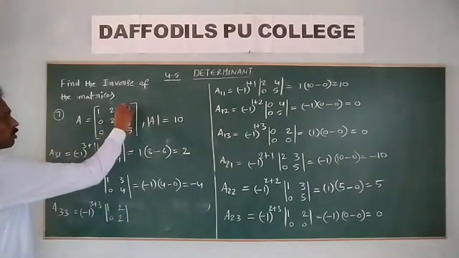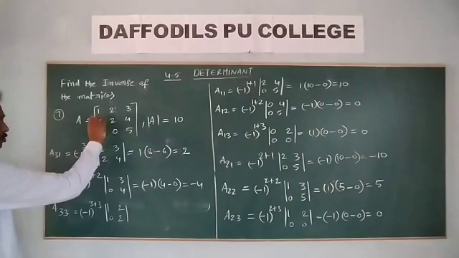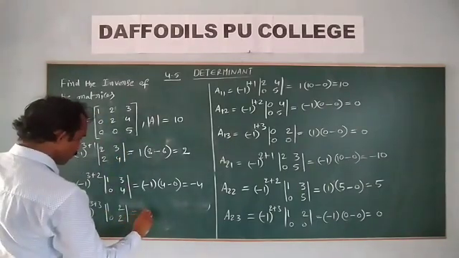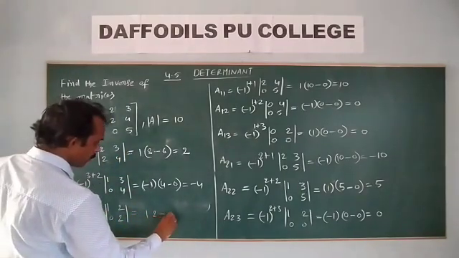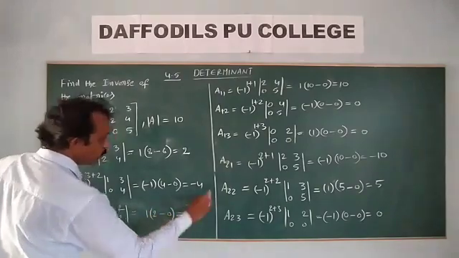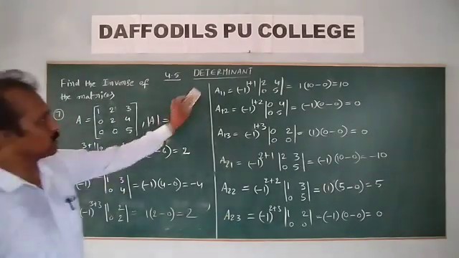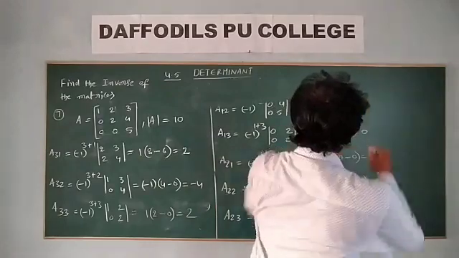A33, deleting this row and this column, 1, 2, 0, 2. So therefore, 2 minus 0 is equal to 2. So these are the cofactors.